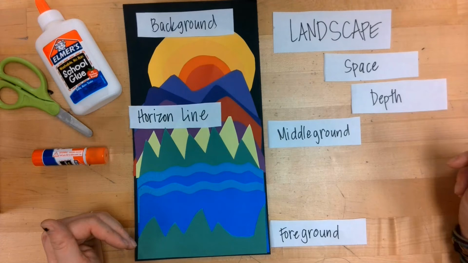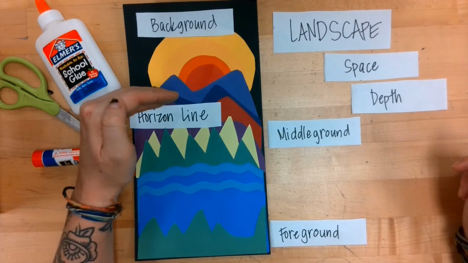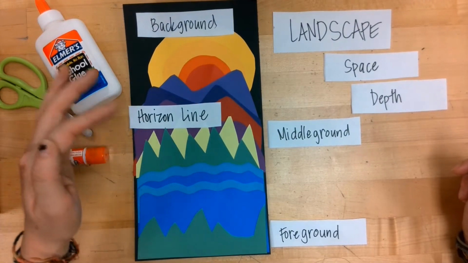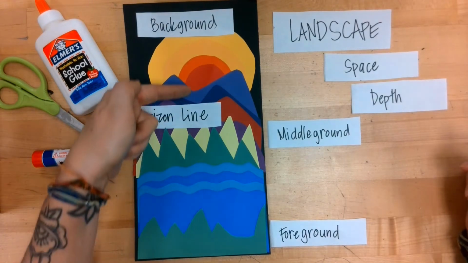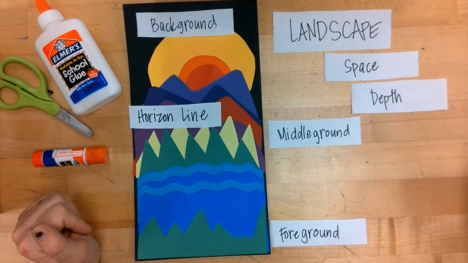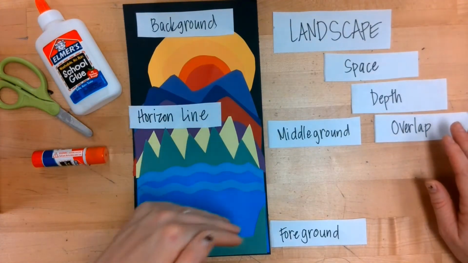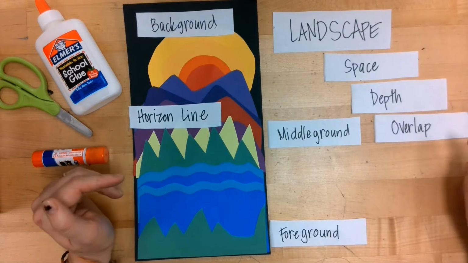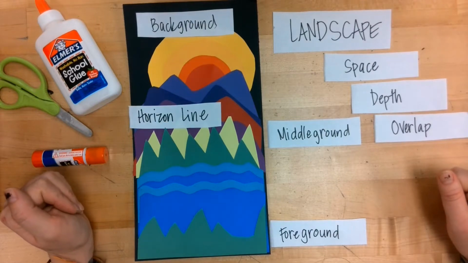In this case, looking at this landscape, I have mountain upon mountain upon mountain upon mountain. It would probably take me hours, if not days, to walk from what's depicted in my foreground all the way to the background. To help show depth and the spatial relationships between my land, my trees, my water, and my mountains, I will overlap the different elements in my work.